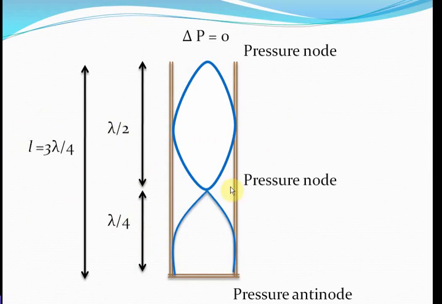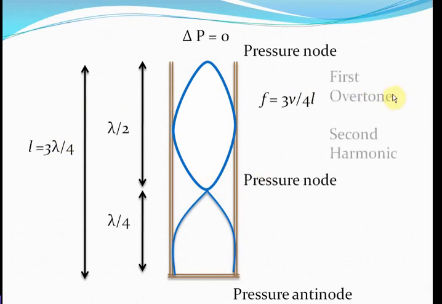And by putting lambda equal to V by F, we get the second harmonic or the first overtone as F equal to 3V by 4L. So the fundamental frequency here was F equal to V by 4L, and the second harmonic is F equal to 3V by 4L.